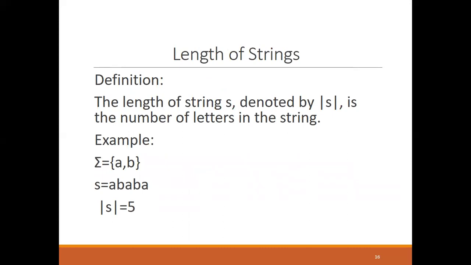Length of strings. The length of a string, denoted by this particular symbol, the bar sign, is the number of letters in the string. For example, you have an alphabet of two letters A and B and a string A, B, A, B, A. The length of this string is 5: A1, B2, A3, B4, and A5.